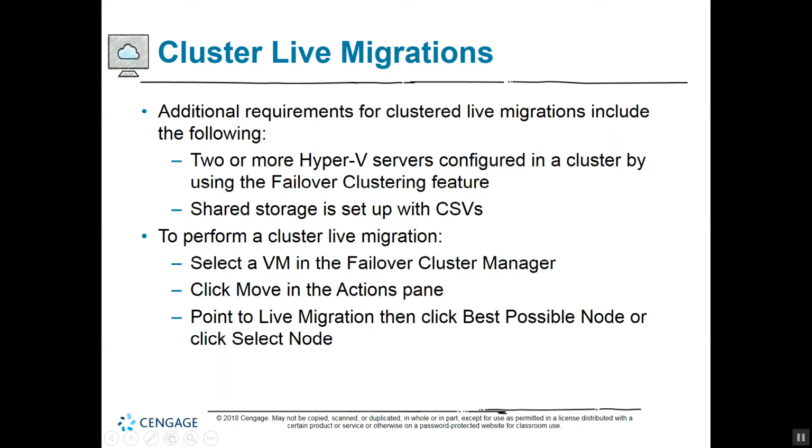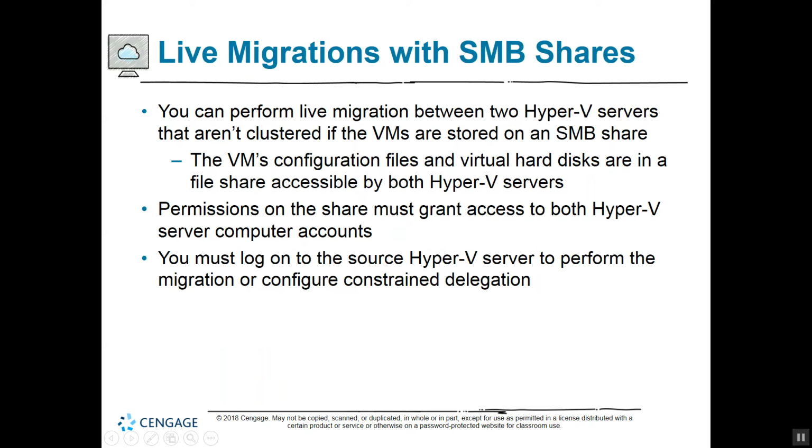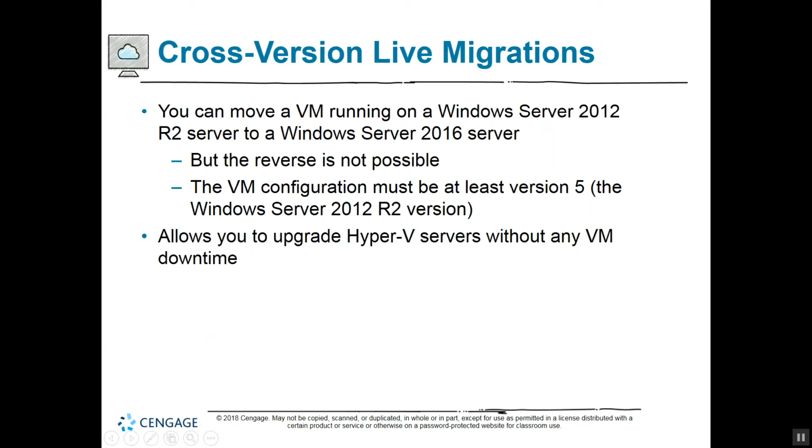Select the VM in the Failover Cluster Manager, click Move in the Actions pane, point to Live Migration, and then click Best Possible Node, or you pick your own node. Okay, you can move a VM running Windows Server 2012 R2 to a server running 2016, but the reverse is not possible.